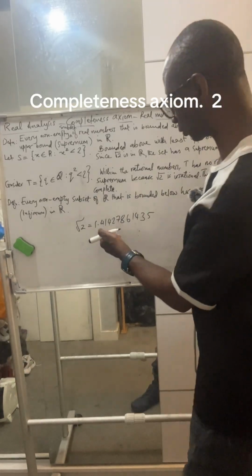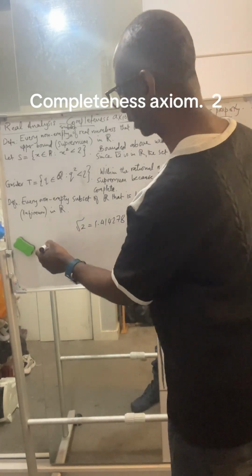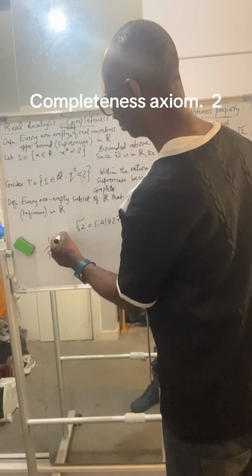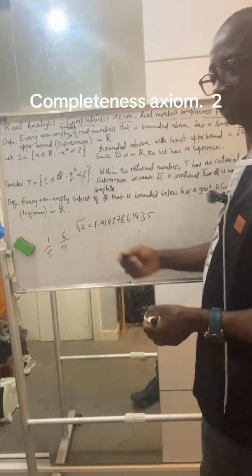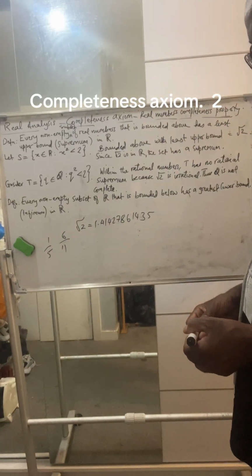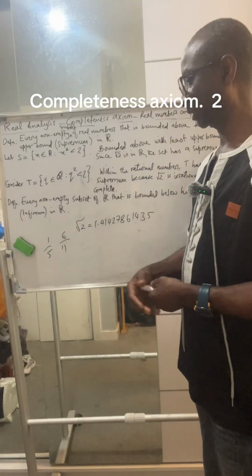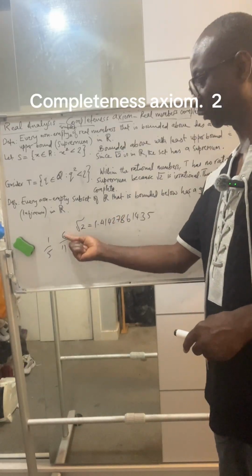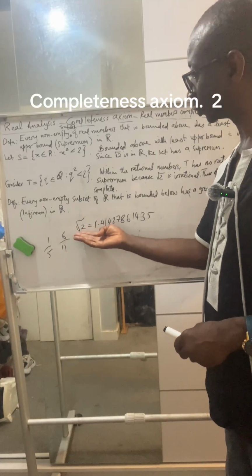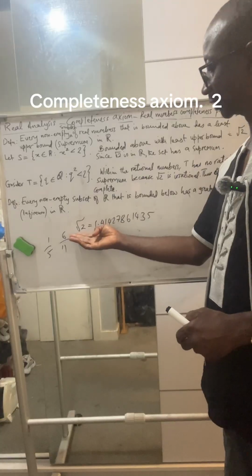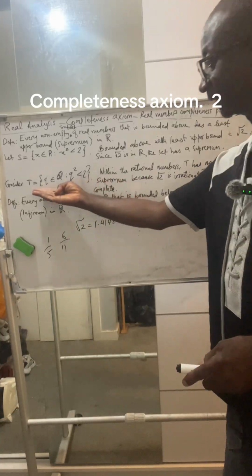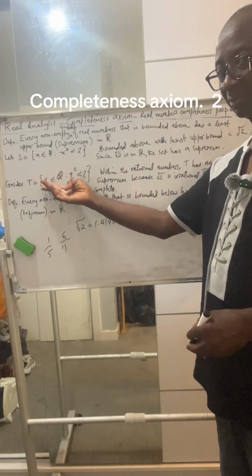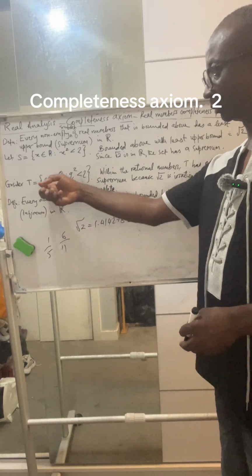You cannot express root 2 like 1 all over 5 or 6 all over 11. You cannot do that with root 2. All these square root, cube root things, it's impossible to do that. Because you cannot express it as a fraction of integers, root 2 is not a rational number. And this set is talking about rational numbers, so this number does not belong there.